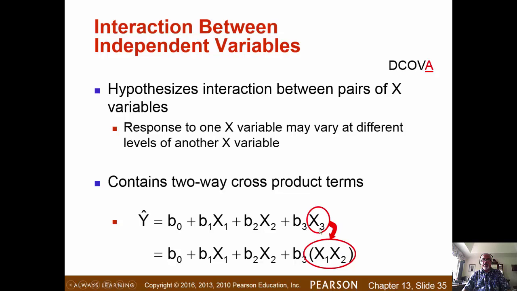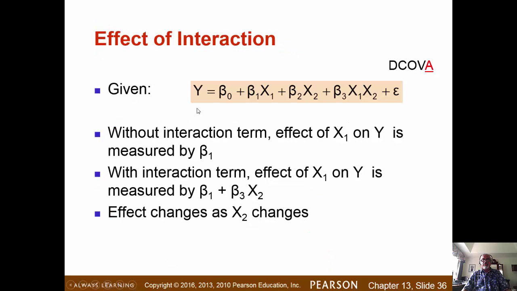So this third independent variable is derived from the values of x sub 1 and x sub 2. So here then is the effect of interaction model: beta sub 1 x sub 1 plus beta sub 2 x sub 2 plus beta sub 3 x sub 1 times x sub 2. Okay, and then you have the y-intercept and the error term.